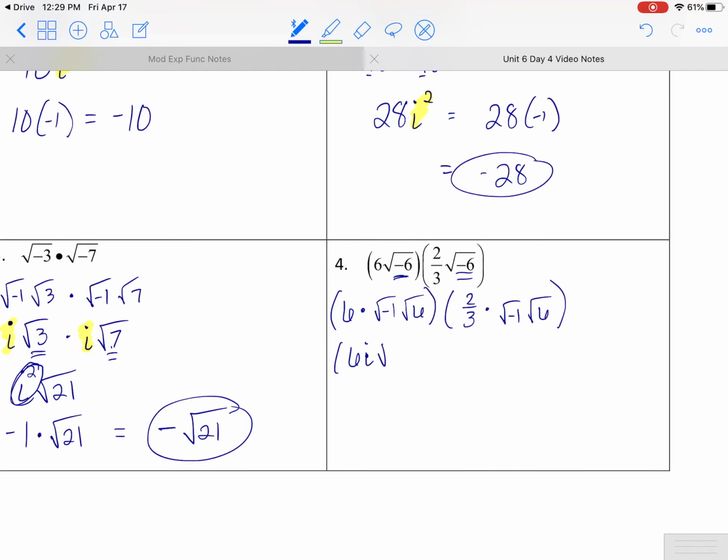So I get 6 times i radical 6, then 2/3 i radical 6. And where that i is coming from is that the square root of -1 is i.